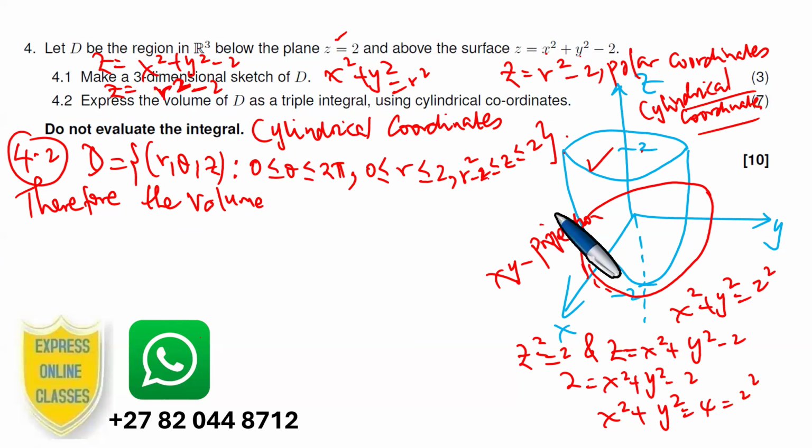But now let us analyze these together. So it is the paraboloid. The paraboloid is the equation z equals r squared minus 2. So it means that z is r squared minus 2.